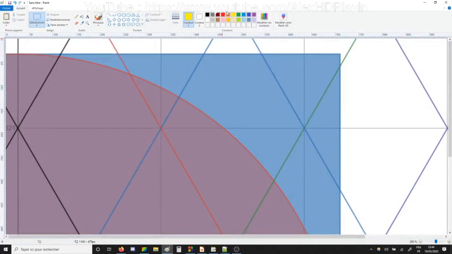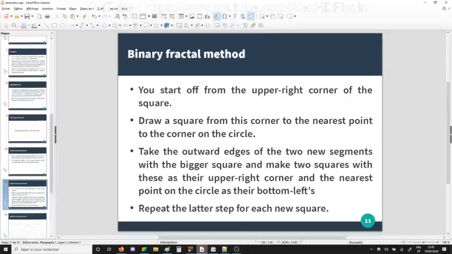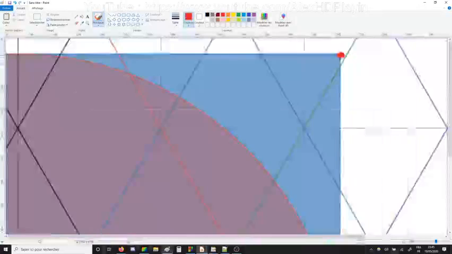So, as we said, we start from the upper right corner here. So what do we do? Draw a square from this corner to the nearest point to the corner on the circle.